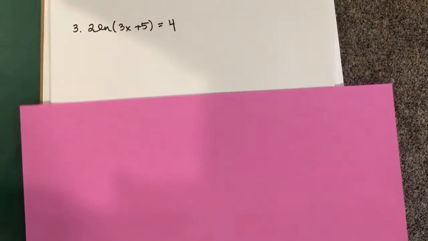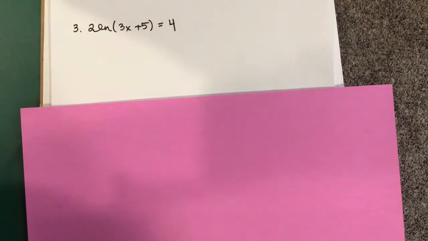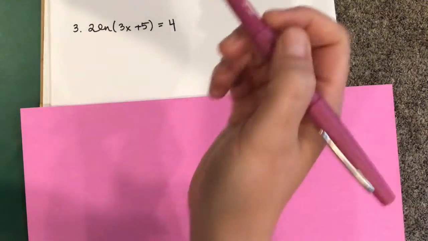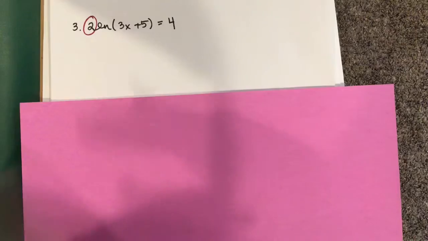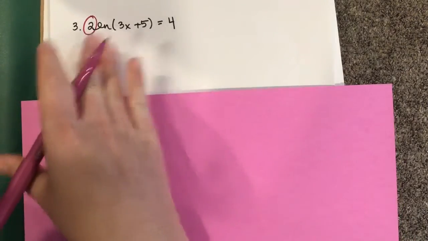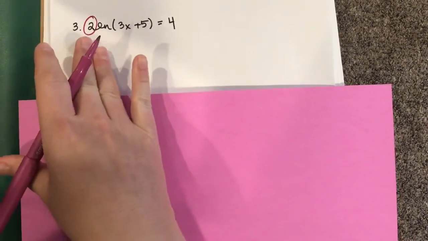Okay, and then for our last one here, we end up with 2 natural log of 3x plus 5 equals 4. There's going to be a few different ways that you guys can do this one. I have preferences, obviously. What we need to talk about is this 2. Because it's a single log, but I have something outside of my logarithm on that same side.